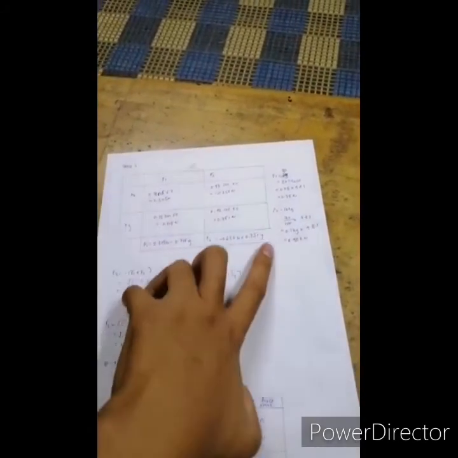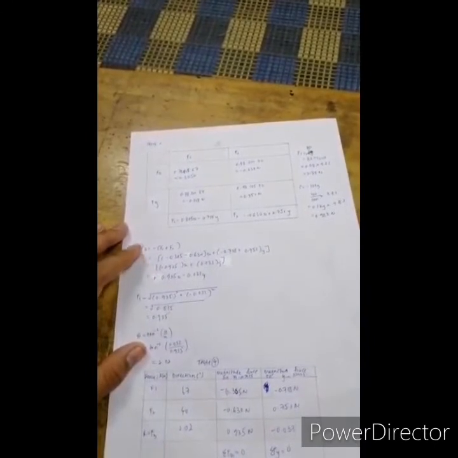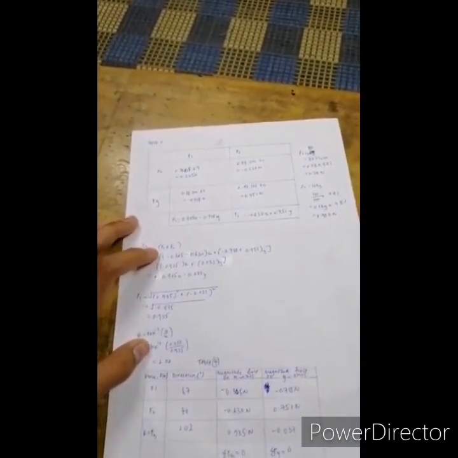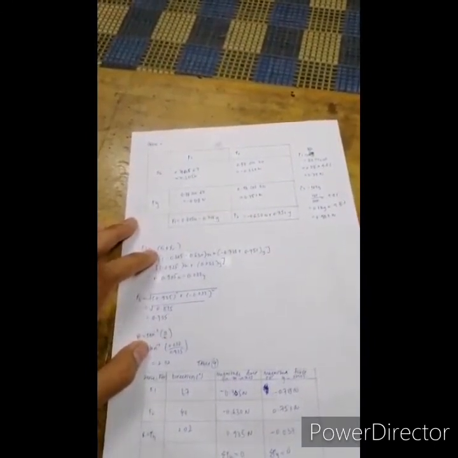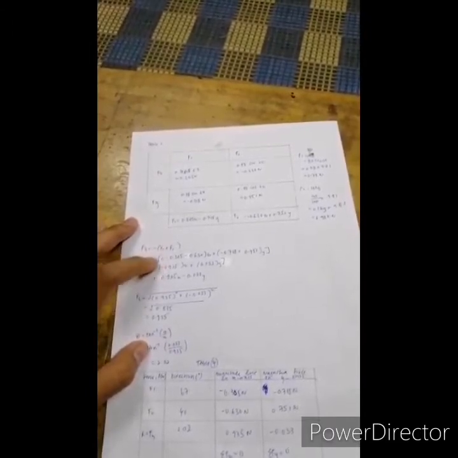To find F3, it is negative bracket F1 plus F2 bracket.